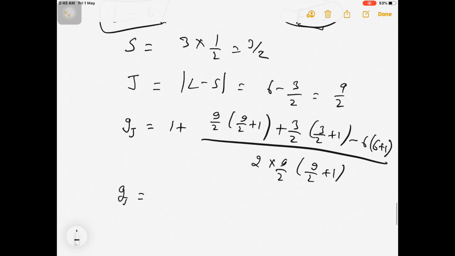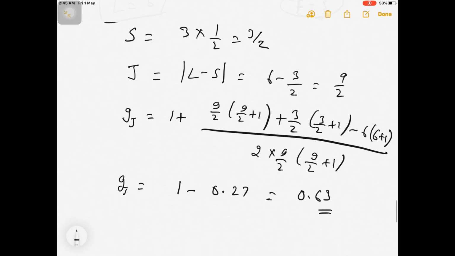I am writing it directly, and this value will be 1 minus 0.27, that is 0.73. Please check it using a calculator, or you can do it simply.